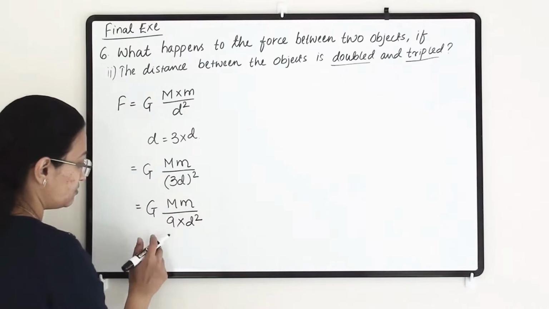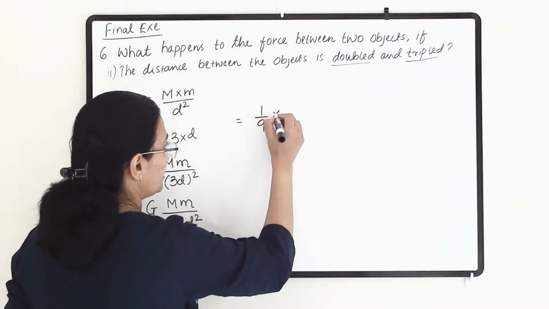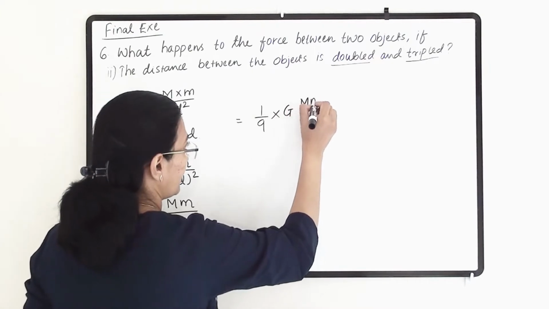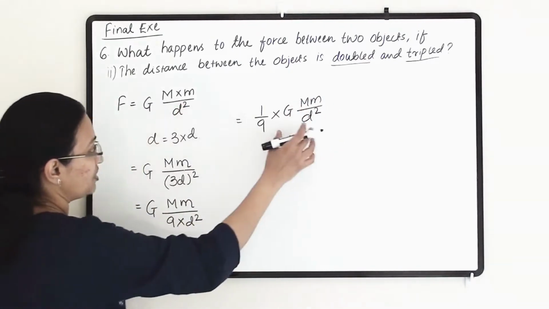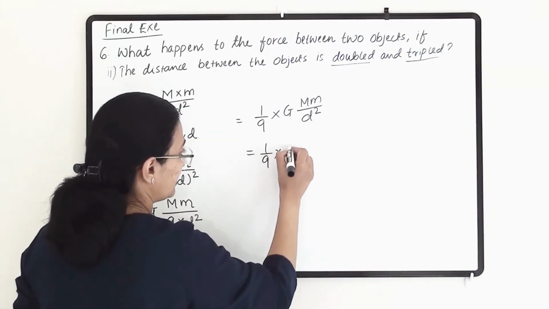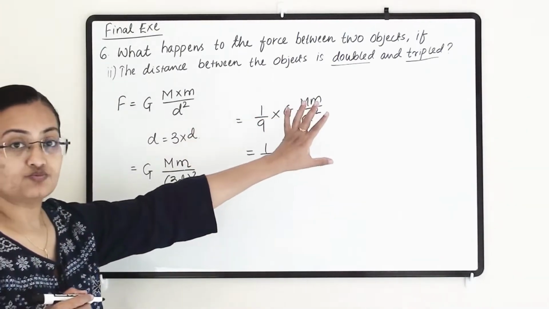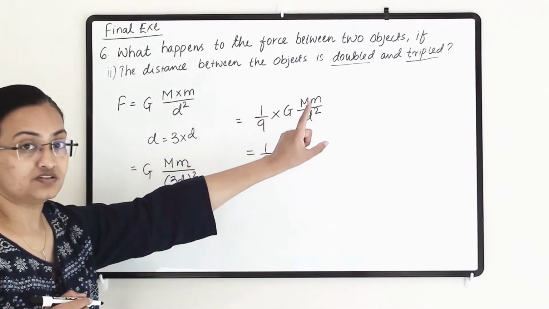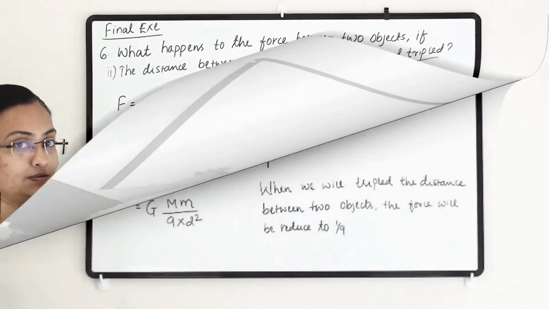So let us take this 9 out. We will get 1 divided by 9 into G, and the same equation of the force. This is the same equation of the force. So I can write here 1 divided by 9 into F. So when we are increasing the distance between two objects and we are making it triple, at that time the force will be reduced to 1/9.